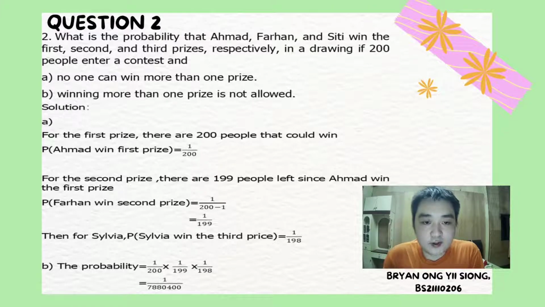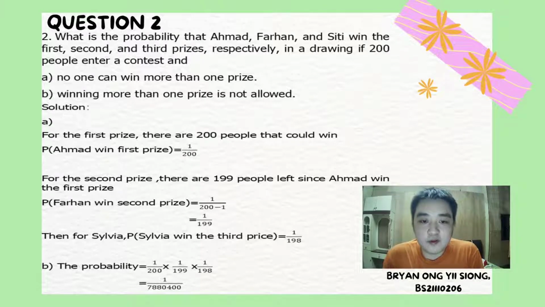So for question A, for the first prize, there are 200 people that could win. So for Ahmad, the probability that he wins the first prize is 1 over 200. For the second prize, since Ahmad won the first prize, there are 199 people left.